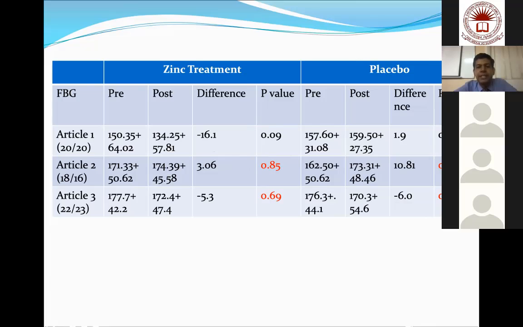Second article, third article, I purposely selected ones where there is confusion because there are some learning points from that, right? So let's focus on the first one for the time being and start entering the data into RevMan for the first article. Yes, I understand there is a confusion with the p-value. I will clear that in a little while.